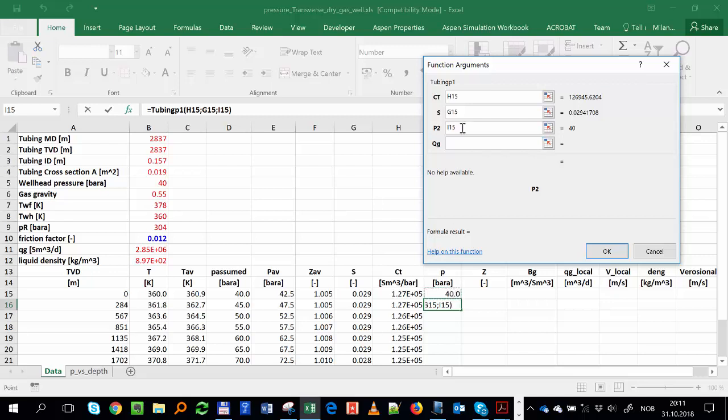And that also I don't have to block, because when I drag it down, I want to use the inlet pressure of the previous segment. And the rate is going to be constant for all of them, right? It's the same rate. You have one segment after the other, but all of them will have the same rate. So that will be this QG, and that I have to block.